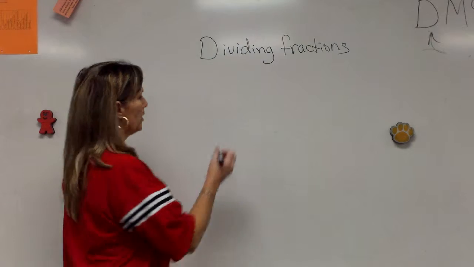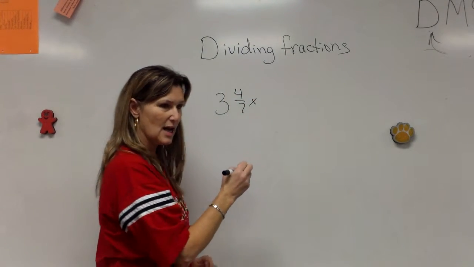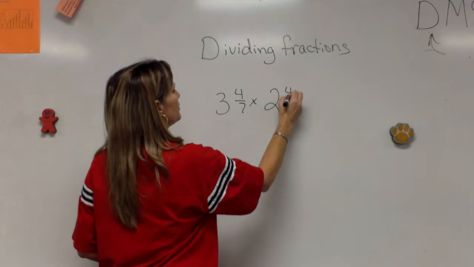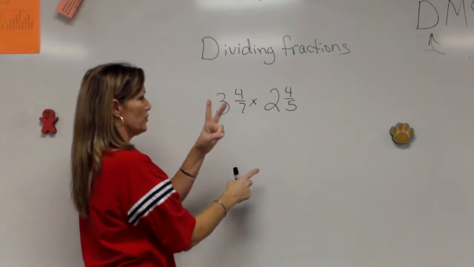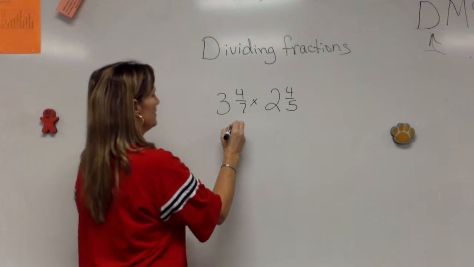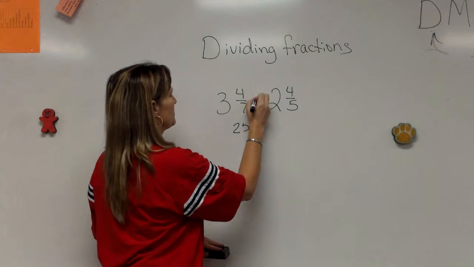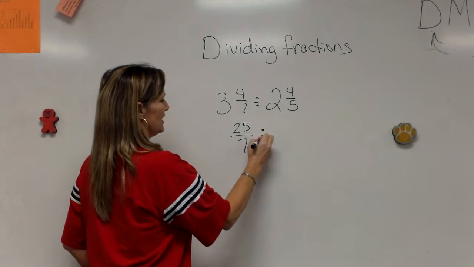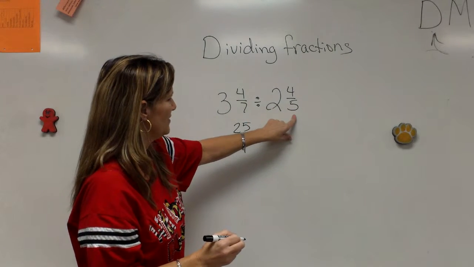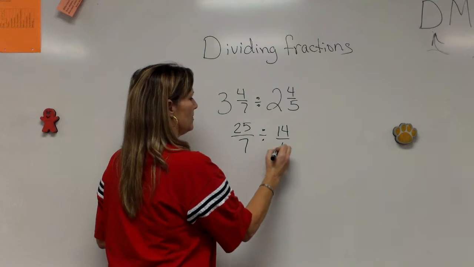Let's do 3 4/7 times 2 4/5. 21, 22, 23, 24, 25. Oh, wait a minute. Let's make that a division. 25/7 divided by 2 times 5 is 10, 11, 12, 13, 14/5.